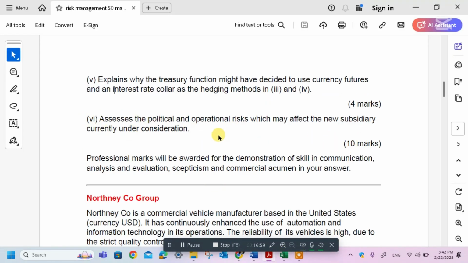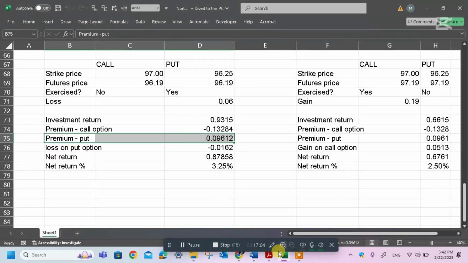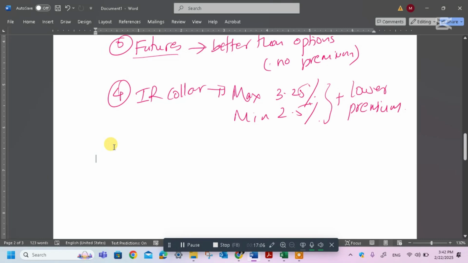Assess the political and operational risk which may affect the new subsidiary. Right, political risks. Let's say new subsidiary. Under that, A, political risks.